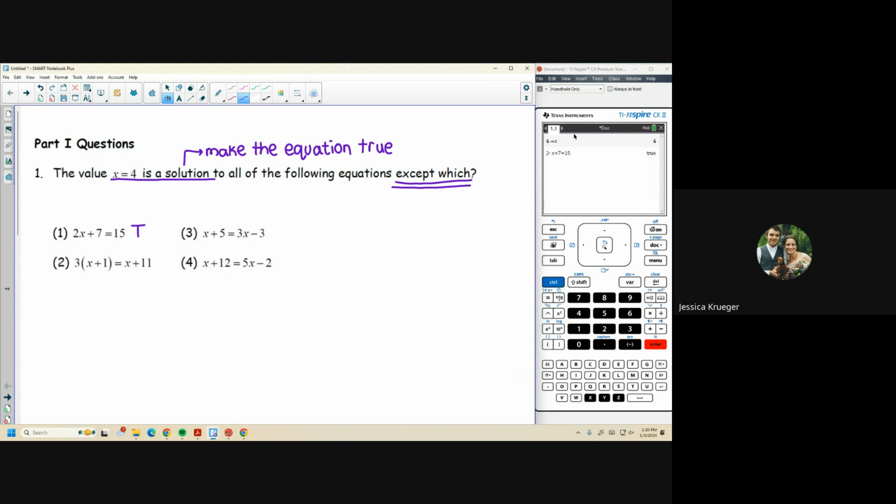Now, they want to know it's a solution to all of the following except which. So I'm looking for a false statement, because if it's not a solution, then it should come out false. Okay, the next one, choice 2, is 3 parentheses x plus 1 equals x plus 11.